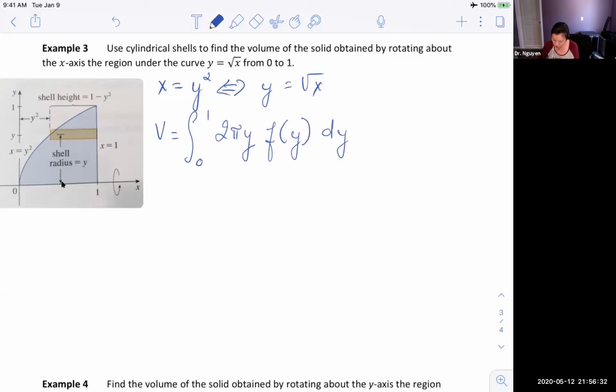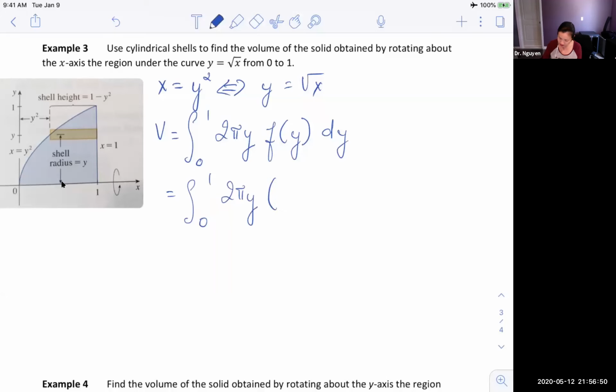So what is the circumference? The circumference in this case is 2 pi y.